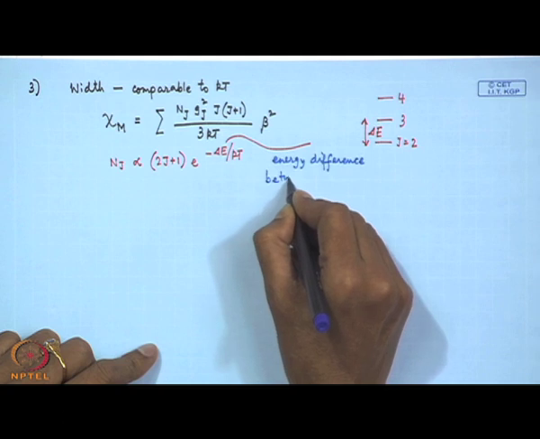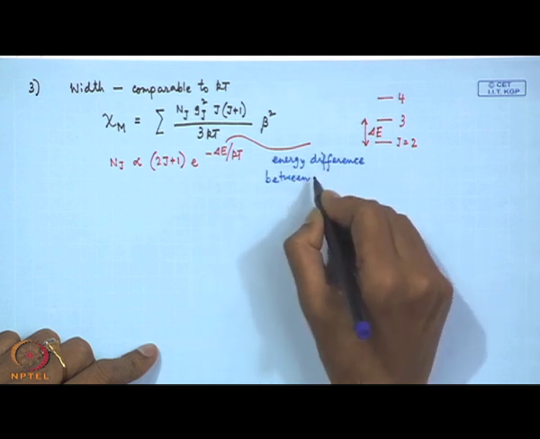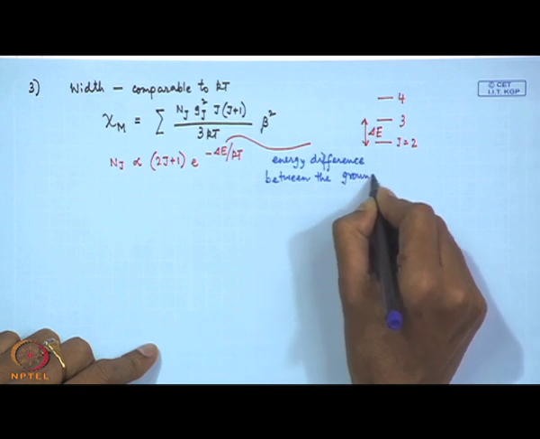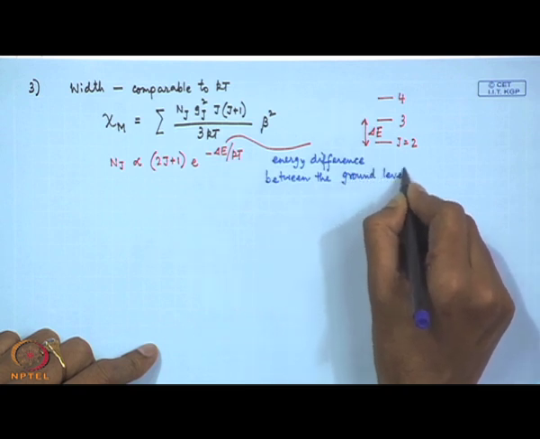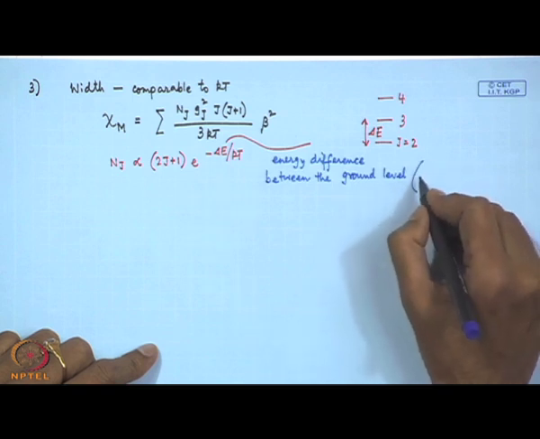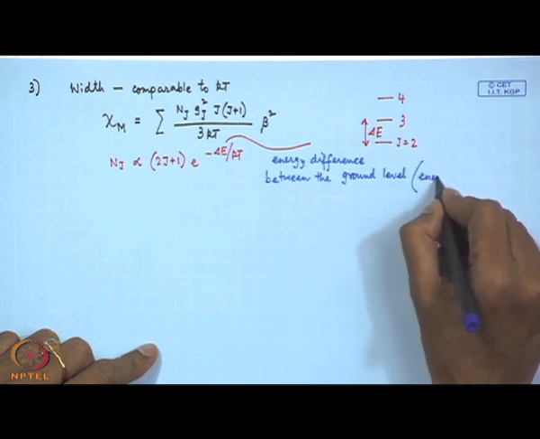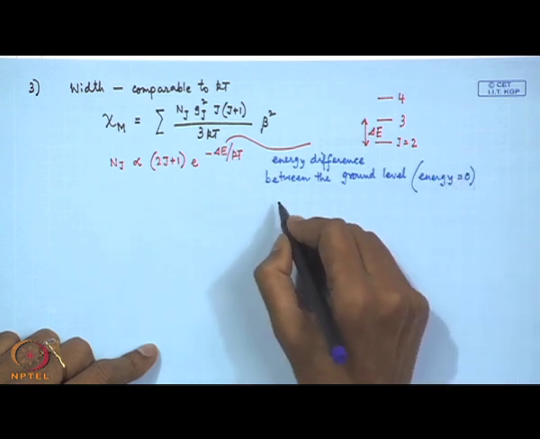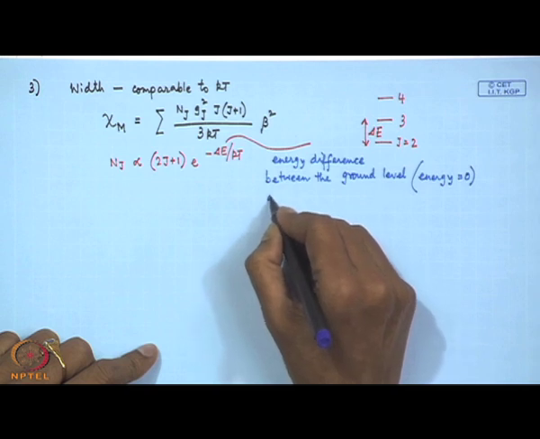between the ground level, where we are considering the energy as 0, and a particular J level.